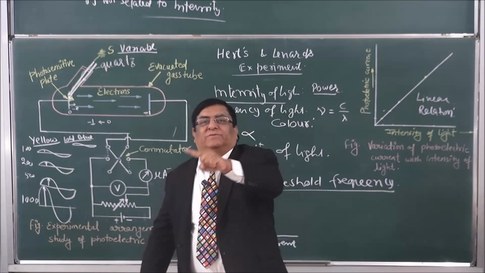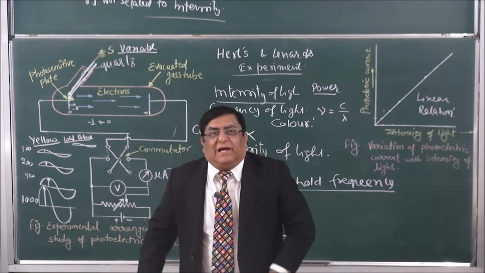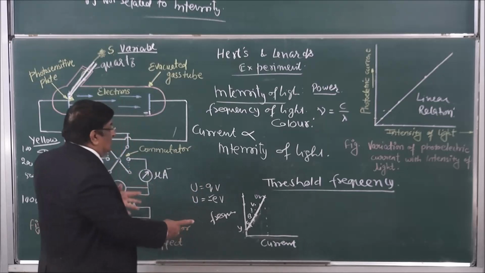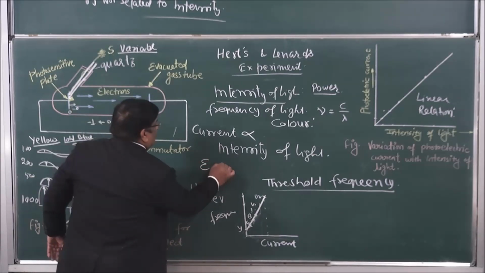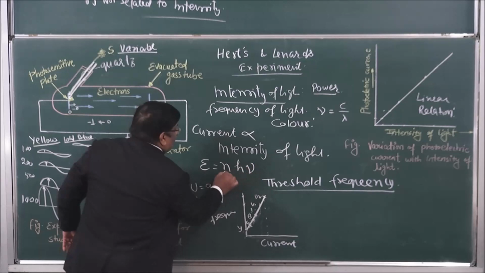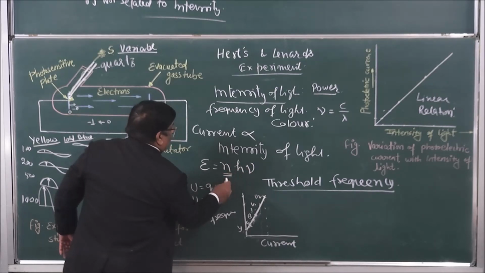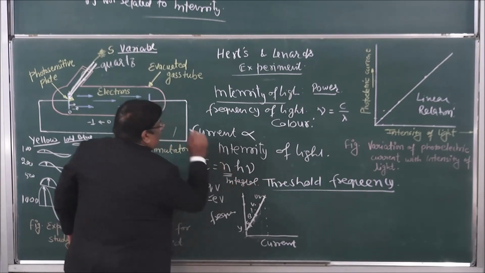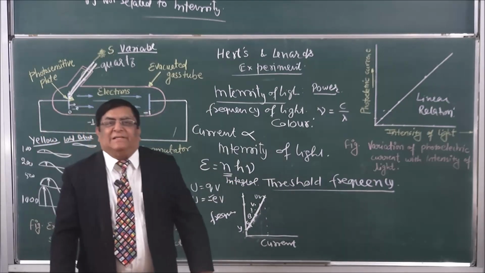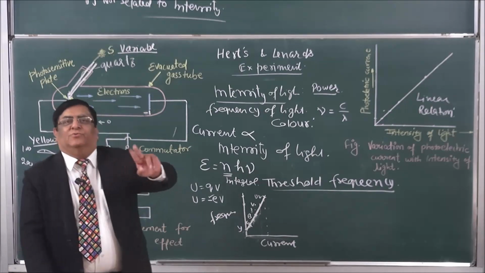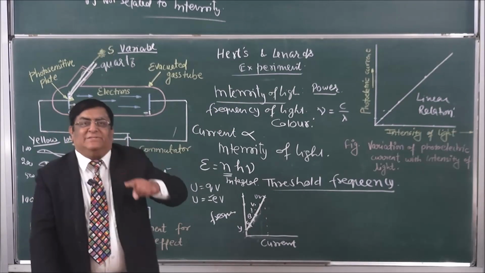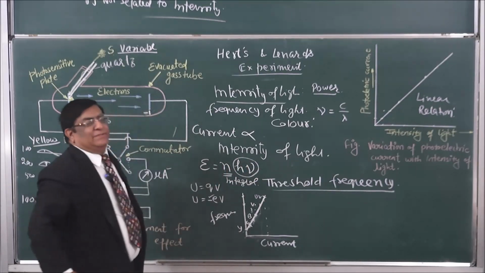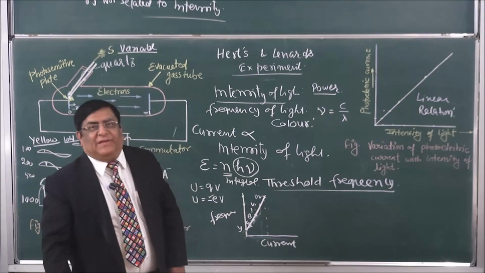Whose energy? Photon's energy. And how much is that? H nu. Complete 1 H nu, 2 H nu, 3 H nu, or this energy will be equal to n H nu, where this n is a whole number or integral. This cannot be a fraction. If n is an integral number, then it is either 1 or 2 or 3 or 4. That means H nu is the minimum energy one photon has. It cannot be cut. And what does the wave say?